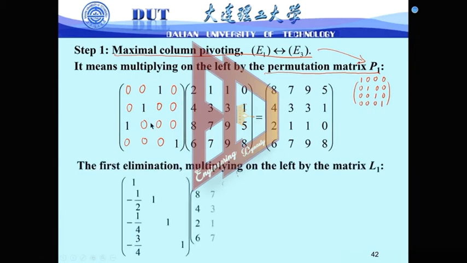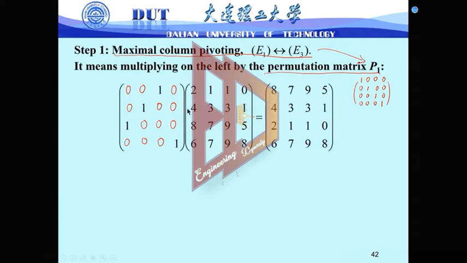Then you can practice with the product rule between the two matrices. Let's check. For example, we use the first row multiplied by the first column. What is the result? 0 times 2 plus 0 times 4 plus 1 times 8 plus 0 times 6.